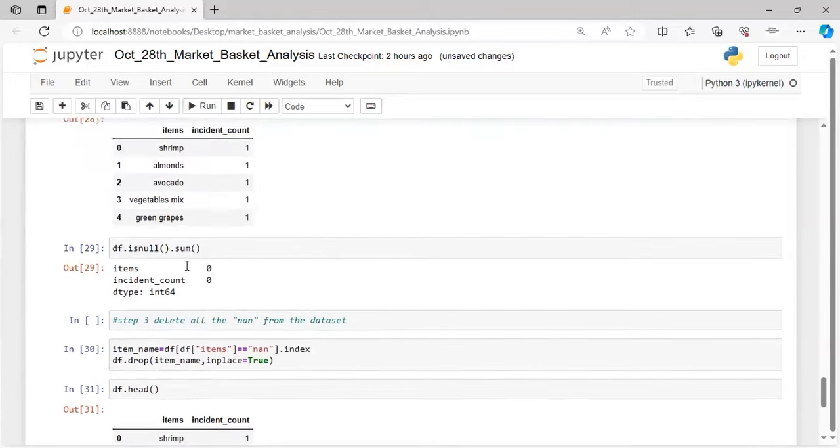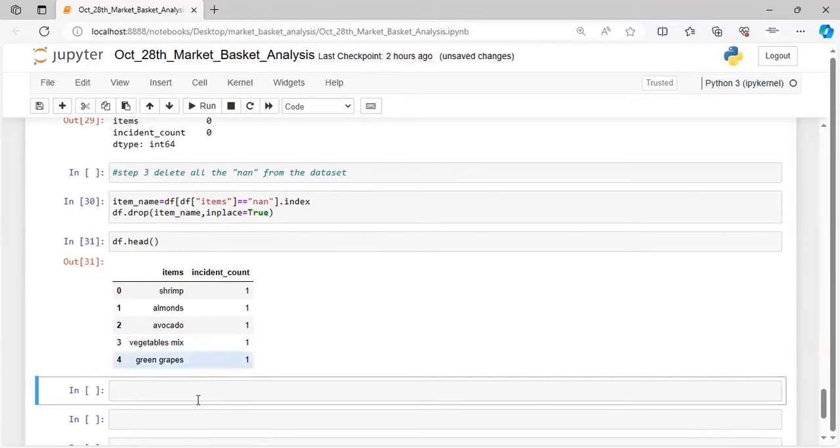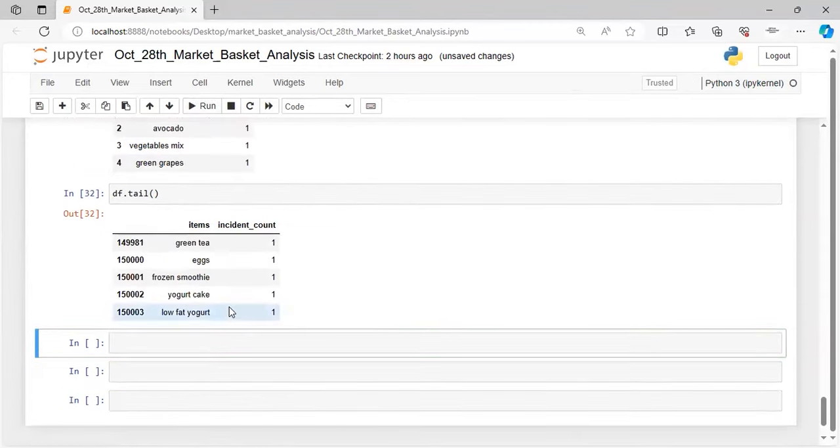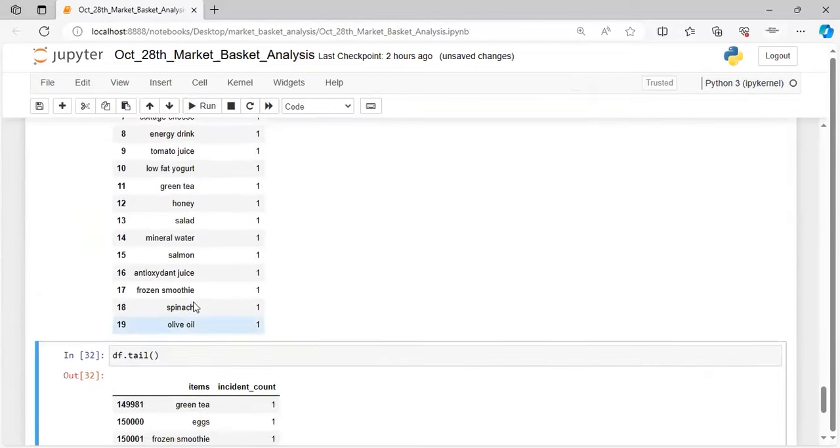You can check here also in df.head, there is no problem. df.tail, all fine. There is no null value.